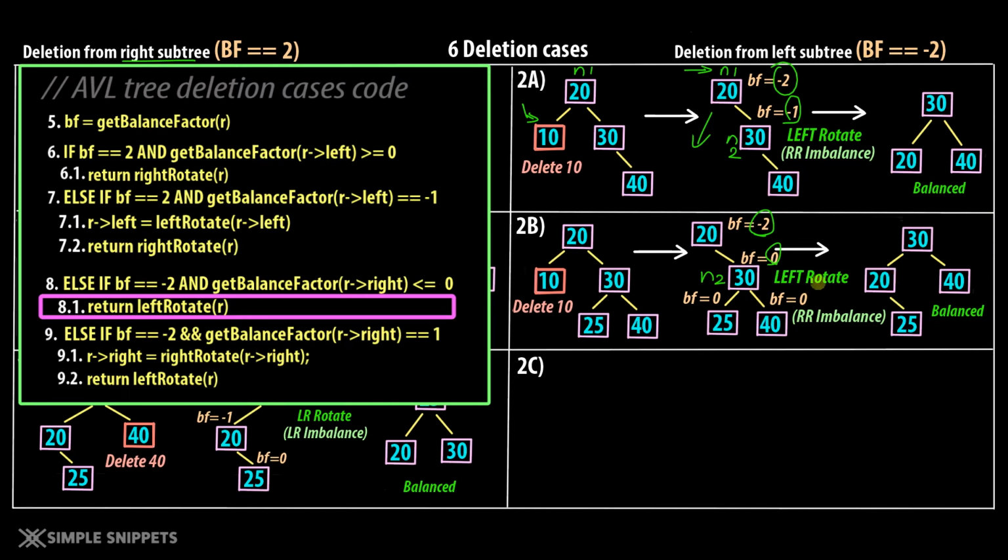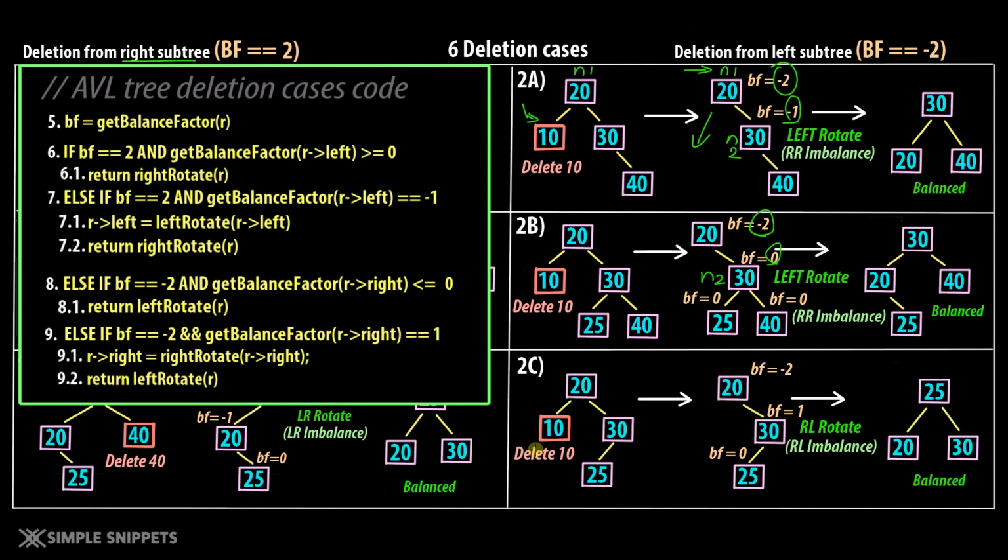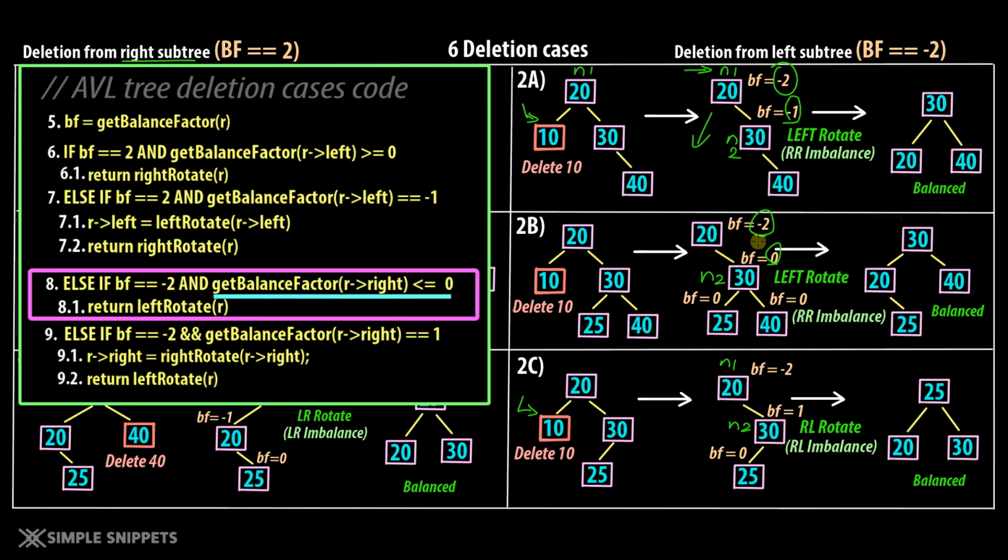Okay? Alright. So the third case, when you're deleting from the left subtree, is a little different because in that case we have to do a right-left rotation. Let's see that case. So in this case, when you delete 10, you get this structure where you get the balance factor of the root node n1 as -2, but the right child, which is n2, gets the balance factor of 1. So you can see this does not fit in the step number 8, correct?